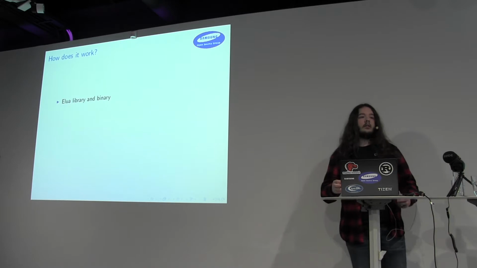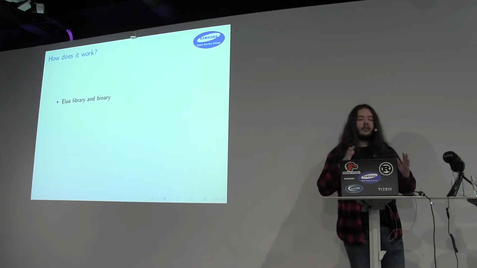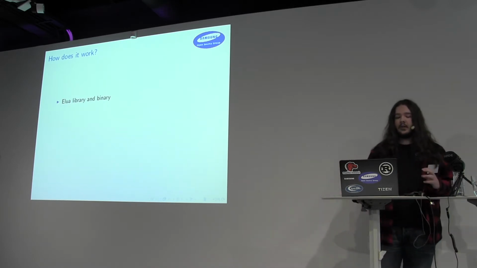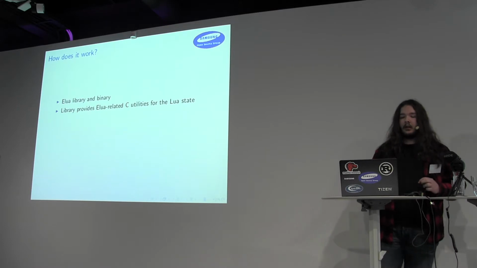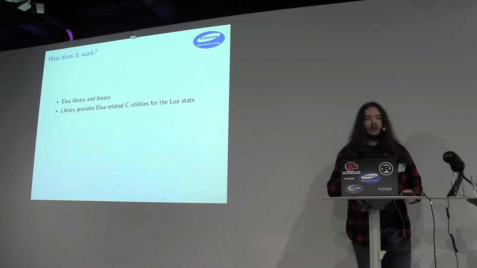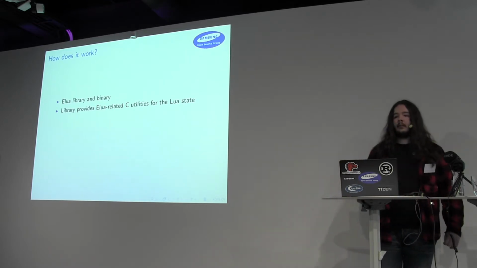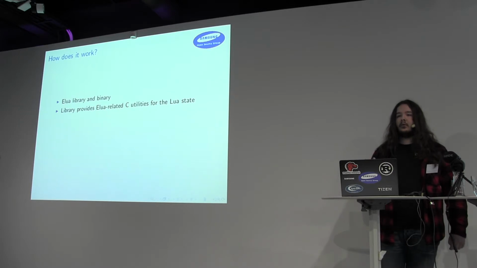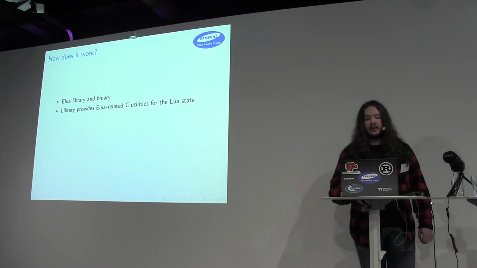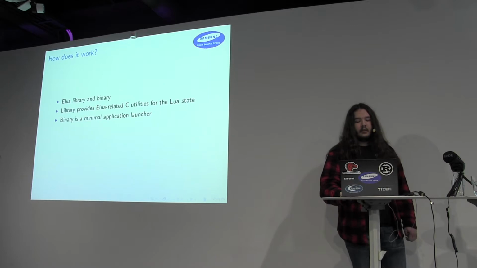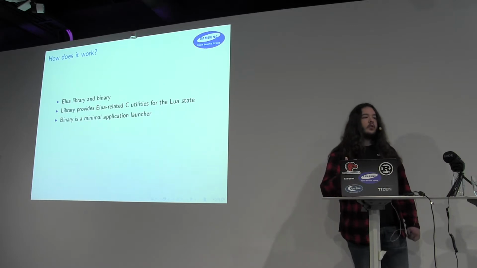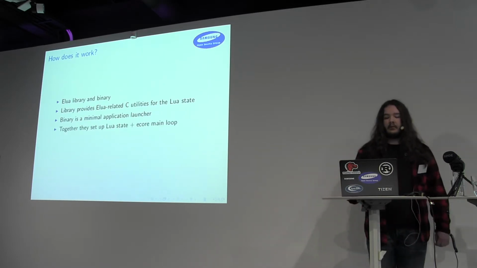So how does it work? It's split between a binary, which is very small, and a library, which provides much of the functionality. And the library provides utilities to actually initialize the eLua state and help it set up, like figure out the path to where Lua applications are stored. The binary is a minimal launcher which uses the library for itself.